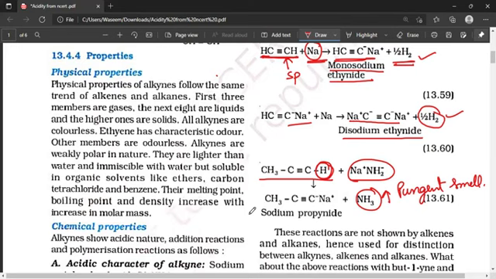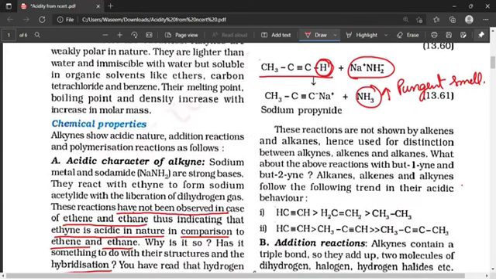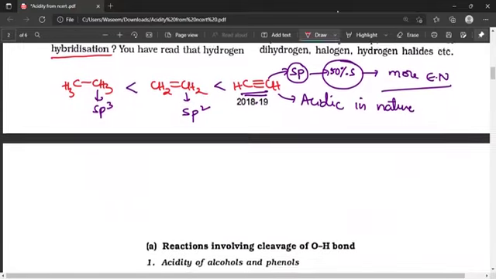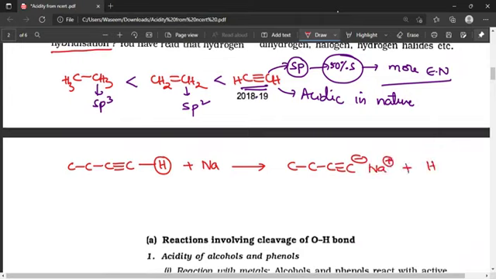If I follow this concept and apply it, he is asking the question here: what about the above reaction with butyne and butane? If I apply the same concept on butyne, there is one acidic hydrogen, so definitely it will react with sodium to release hydrogen gas.